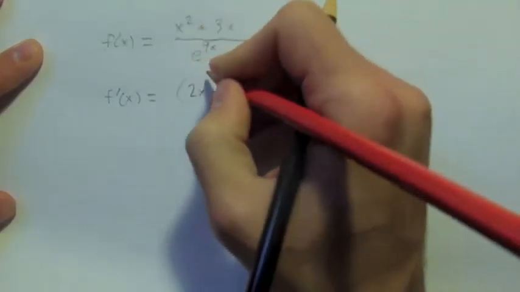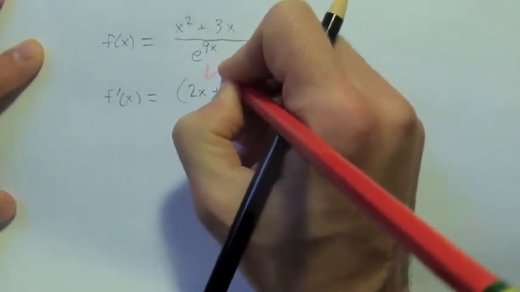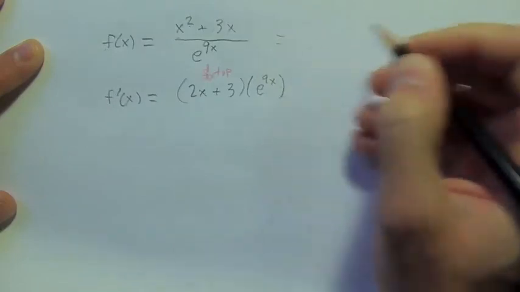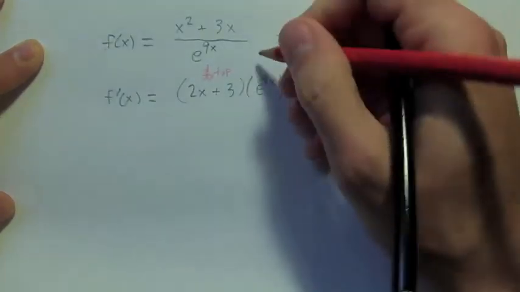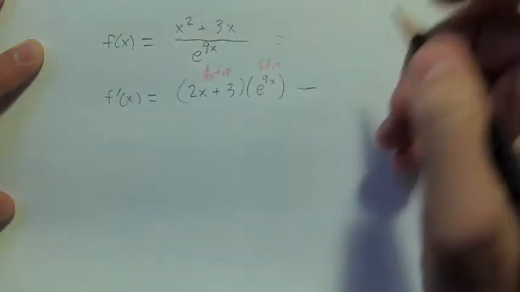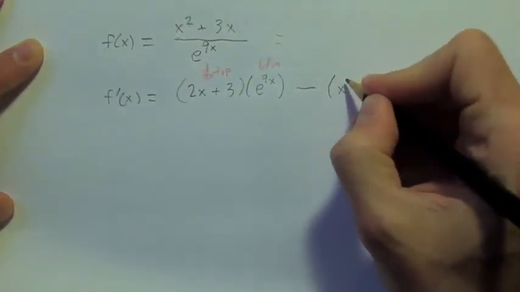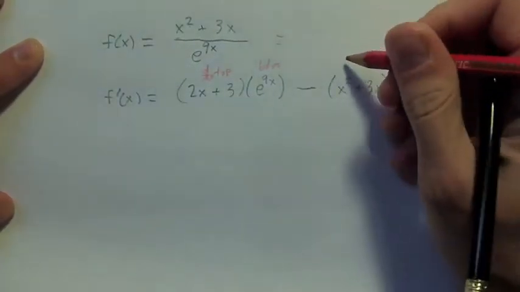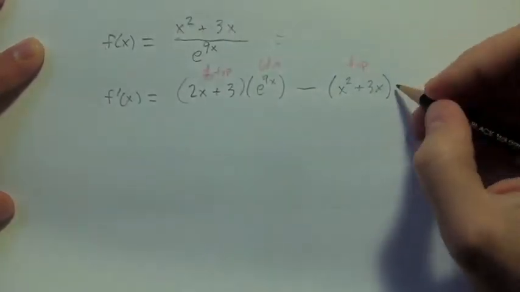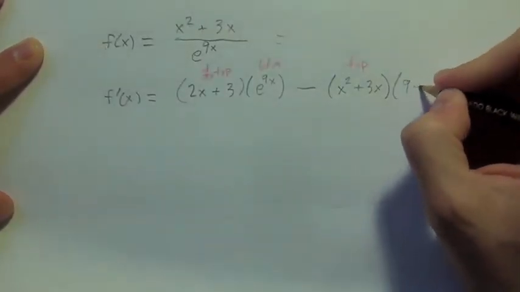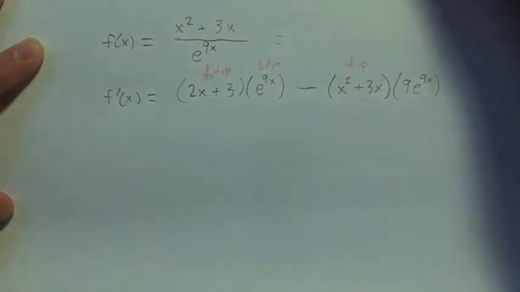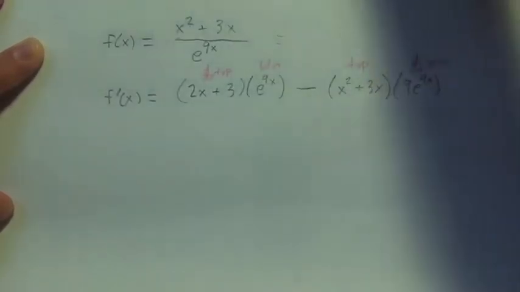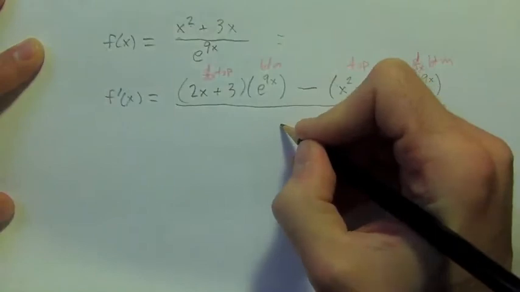So this is the derivative of the top, times the bottom left alone, so times e to the 9x, minus the top left alone, so that would be x squared plus 3x, times the derivative of the bottom, which will be 9e to the 9x. So there's the derivative of the bottom, all over the bottom squared.